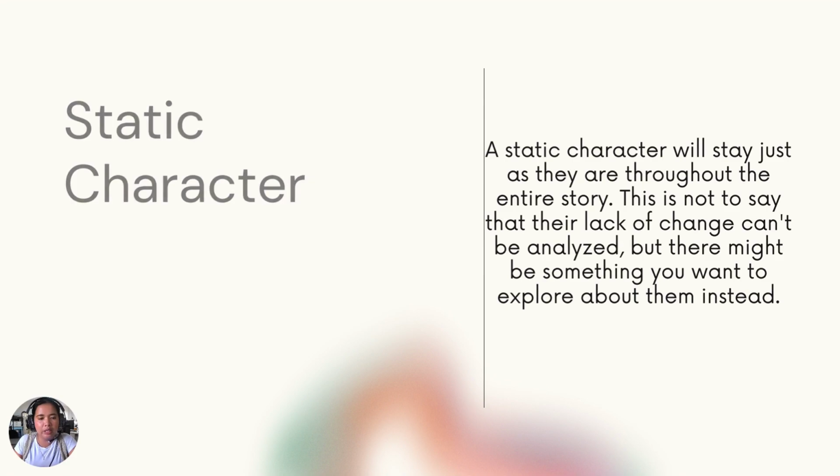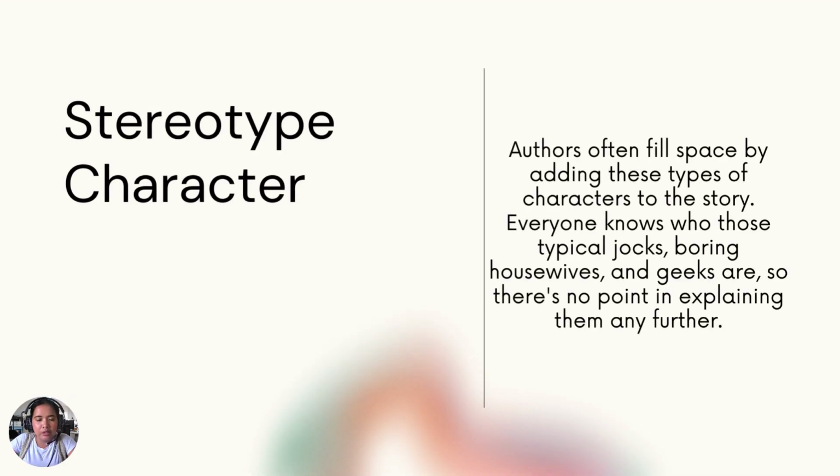So next one is the stereotype character. Authors often fill space by adding this type of character because everyone knows who those typical jocks, boring housewives, and geeks are. No point in explaining them any further. So what do you mean by stereotype? Stereotyping characters are basically monopolizing the characteristic of the character.